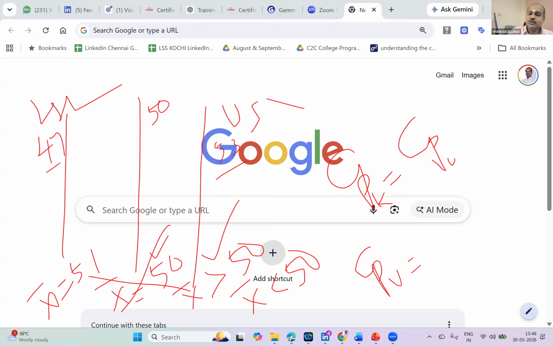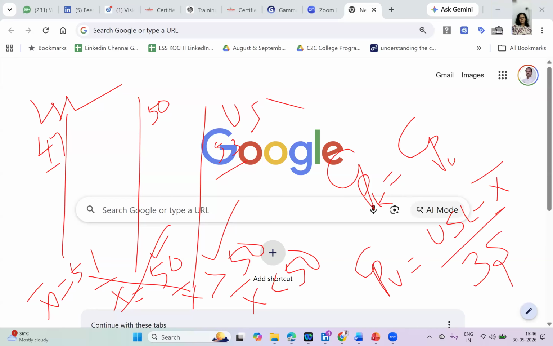We have to take the distance between upper spec and our process average and divide that by 3 times standard deviation. And the formula for standard deviation, I already told you during the CP-CPK discussion, is R bar by D2, remember.